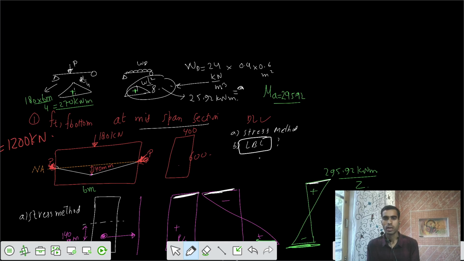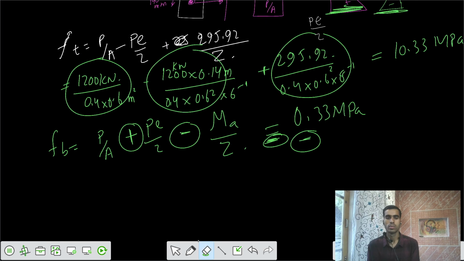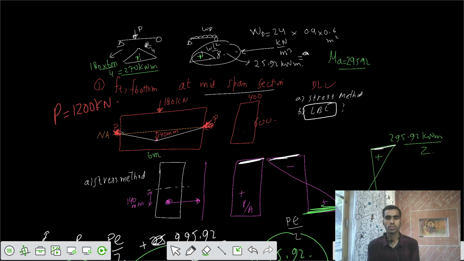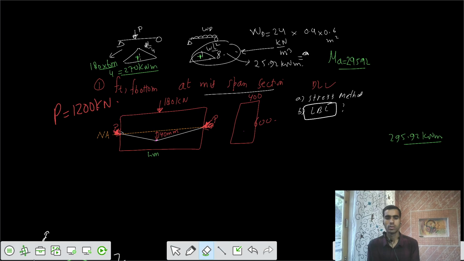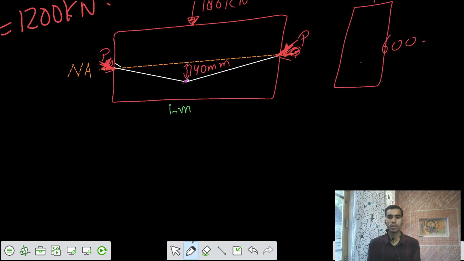Load balancing concept we have to use. So let's have the concept of load balancing. So your bent cable can be transformed such that its eccentricity throughout the length equals the eccentricity at the ends.